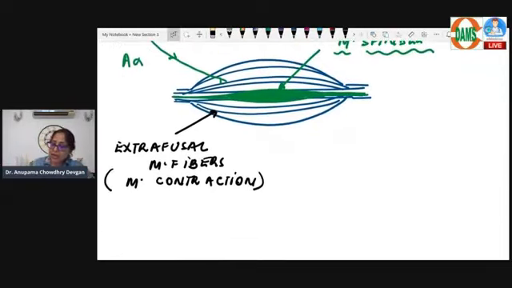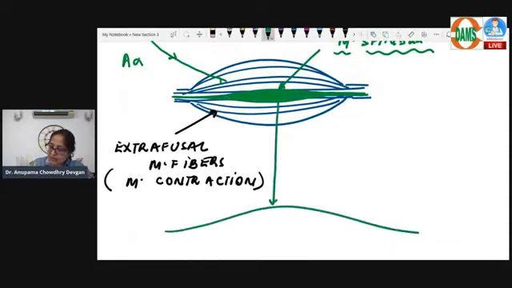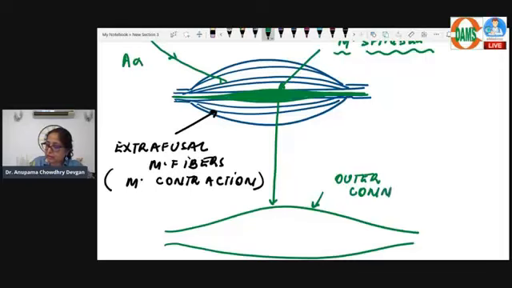Now, if I enlarge the muscle spindle and see, this is what it looks like. The muscle spindle has got an outer connective tissue sheath.